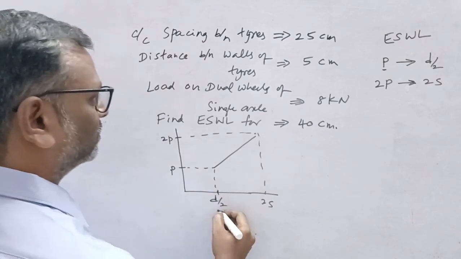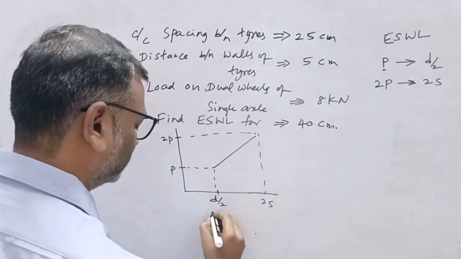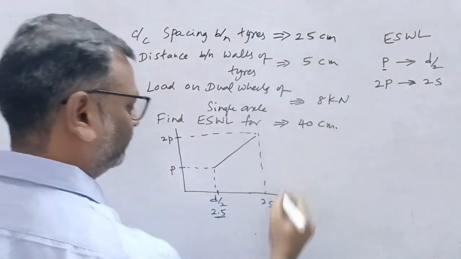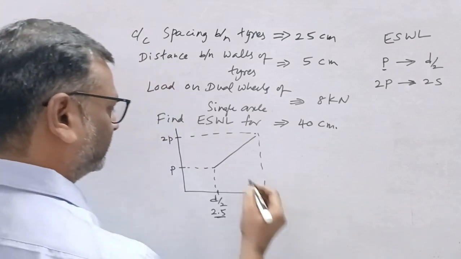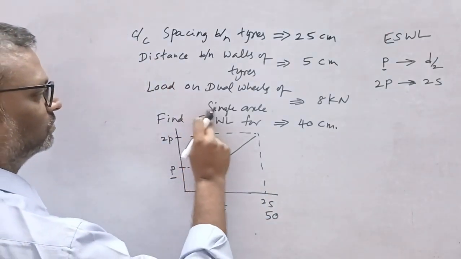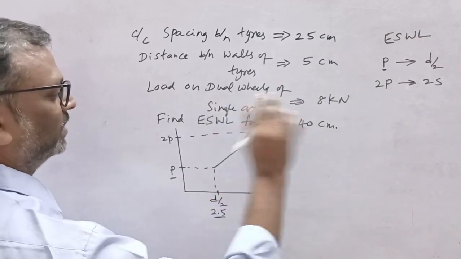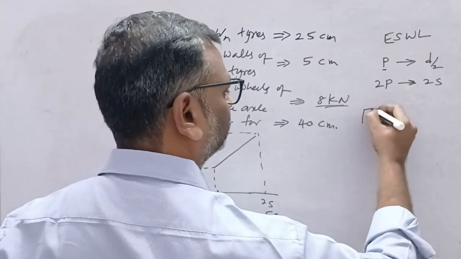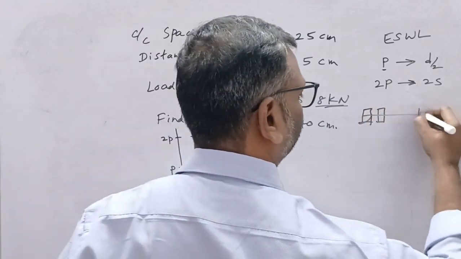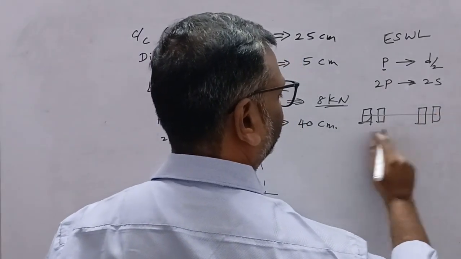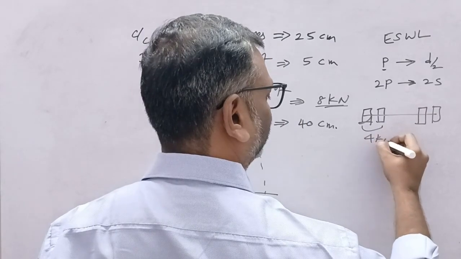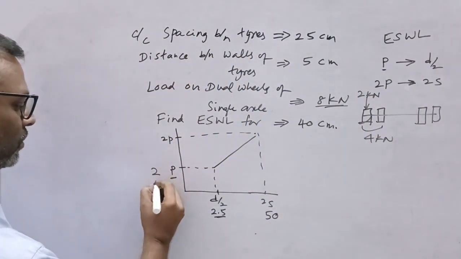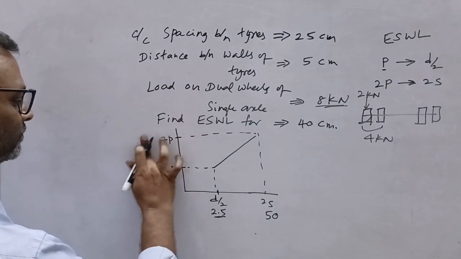D is given as 5 centimeter, so 2.5 is D by 2, and 2S is 25 into 2, that is 50 centimeter. For a single axle with dual wheels on either side, it is given as 8 kilonewton, so we have 4 kilonewton on either side, and for each wheel we have 2 kilonewton. So this is 2 kilonewton, this is 4 kilonewton.